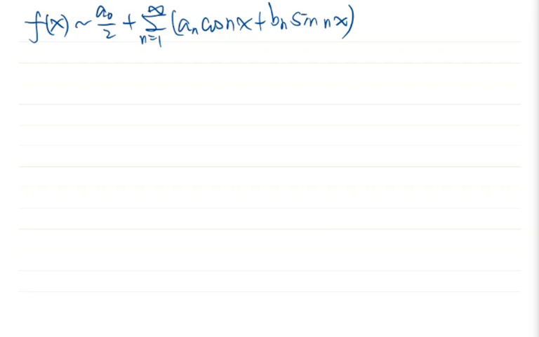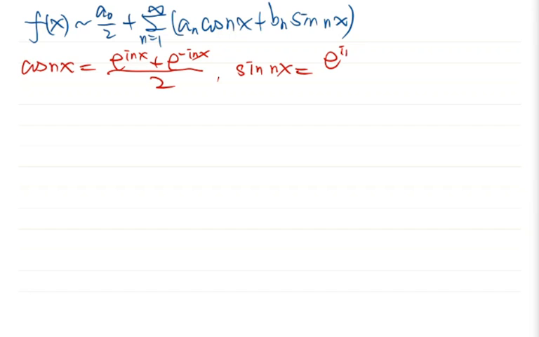Cosine nx can be written as e^(inx) plus e^(-inx) divided by 2, and sine nx can be written as e^(inx) minus e^(-inx) divided by 2i.